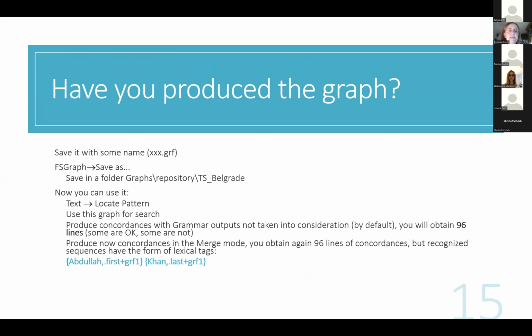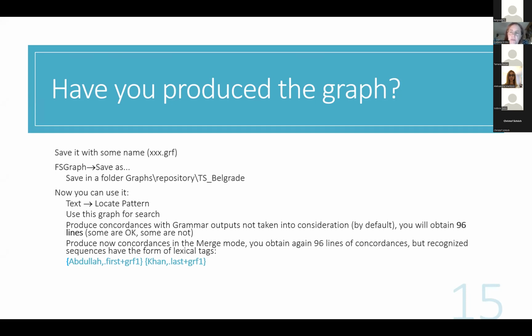So first, in the Graph menu, Save as, but when you save you have to use the folder graphs, repository, TS Belgrade, because all the subgraphs, everything that we will use, are already there. You use whatever name you want, and you save there.